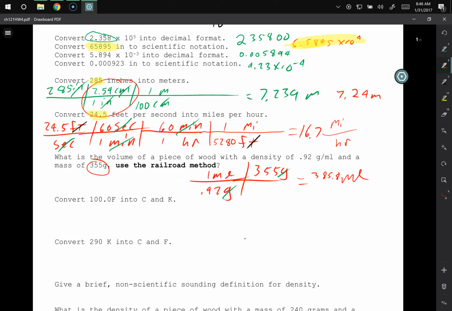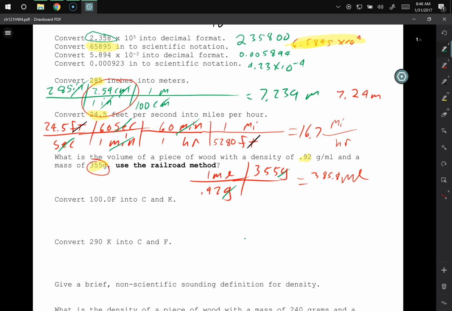What's my answer need to be? How many sig figs? 3? So there's 3 for this 355, but there's only 2 right here in the 0.92. So I get to put 2 numbers down. So how do I write that? What's the most significant number in 385.8?